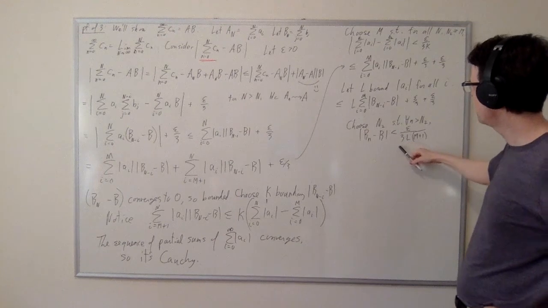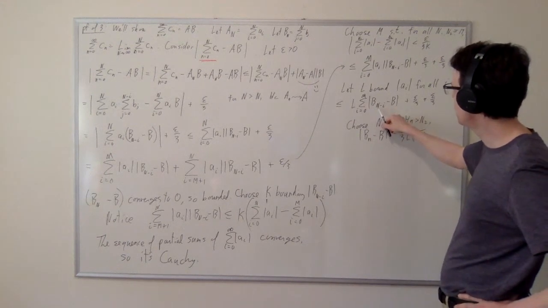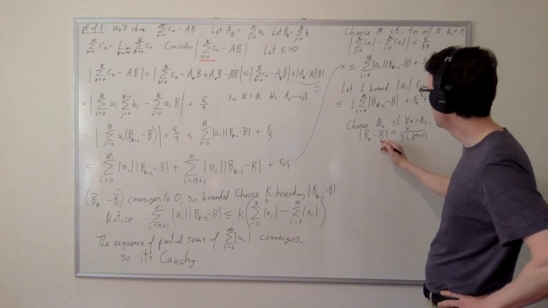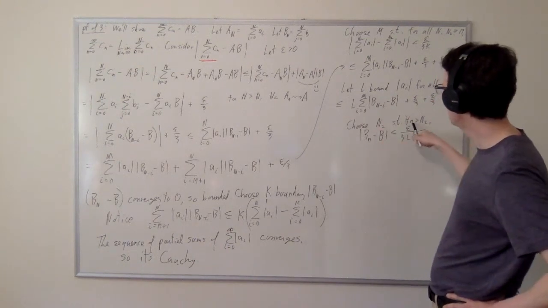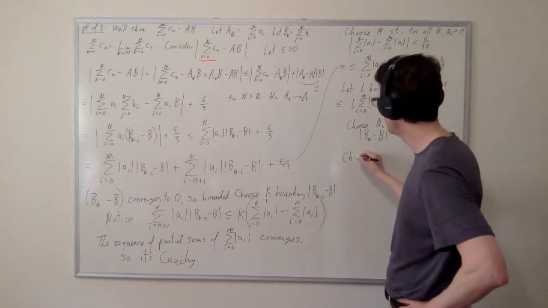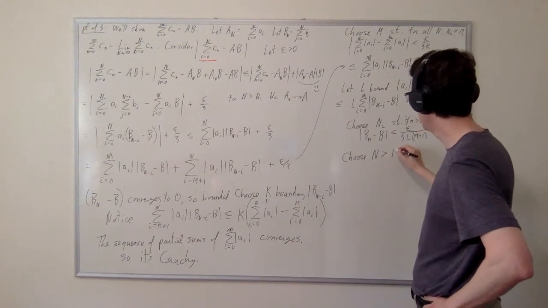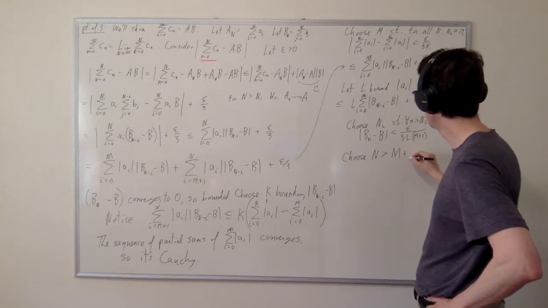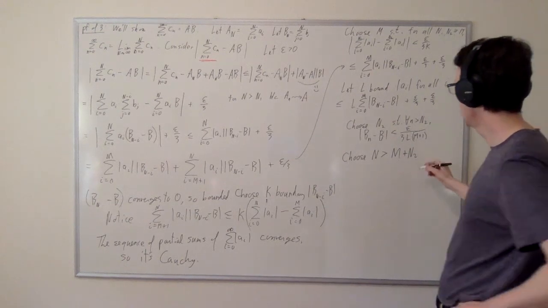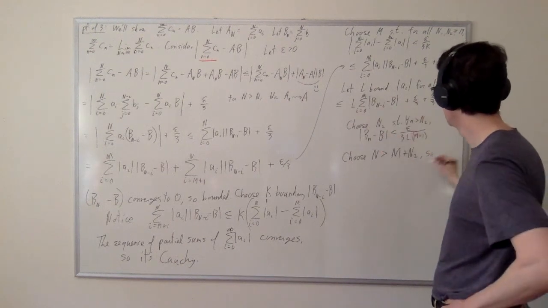Now there's only one thing left I need to know. I need to know that when I take b_{N-i}, it really will be an index of b which exceeds n2. And so what I'm finally going to do is choose N greater than m plus n2. The reason for this is that this will force i.